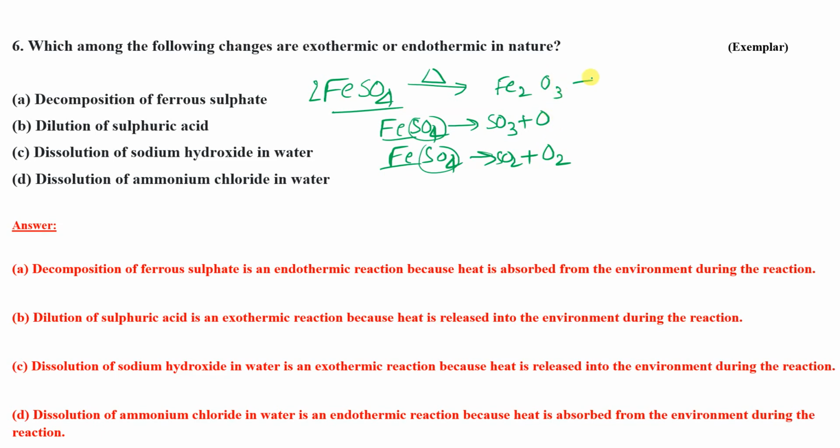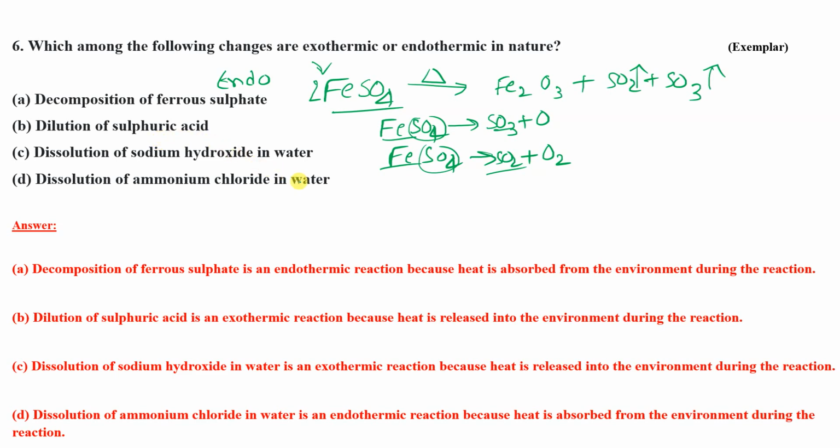So Fe2O3 plus one SO2 and one SO3. This is how the products are formed when you decompose ferrous sulfate. In this reaction I am going to supply heat. FeSO4 on decomposition forms ferric oxide plus sulfur dioxide plus sulfur trioxide. These are gases which go out. So it is endothermic.